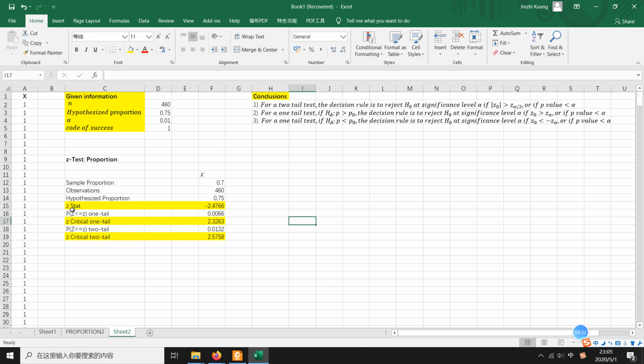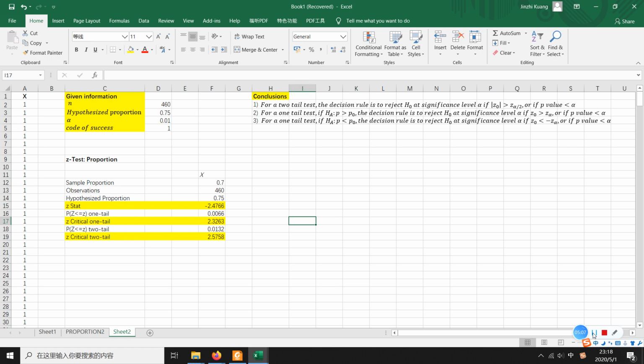In our case, the Z statistic is minus 2.4766 and the negative Z critical value for one-tailed test is minus 2.3263. And clearly the Z statistic is smaller than the negative Z critical value for one-tailed test, so H0 is rejected at 1% level of significance.